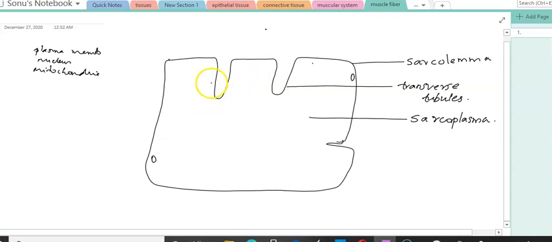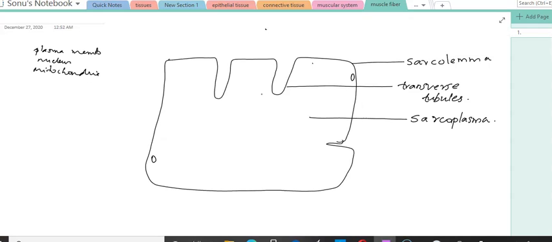That's why the membrane action potential is spreading so quickly. So these invaginations are very important for the transmission of action potentials.